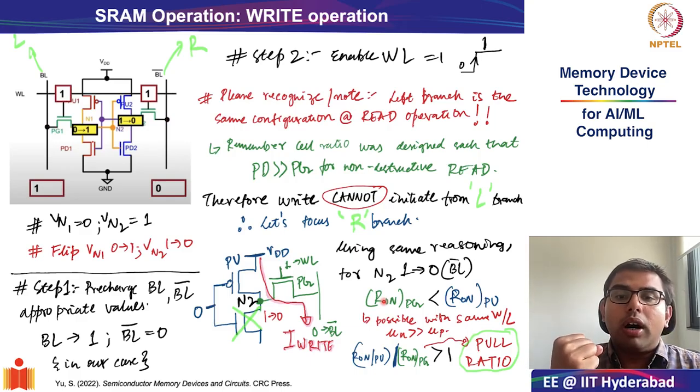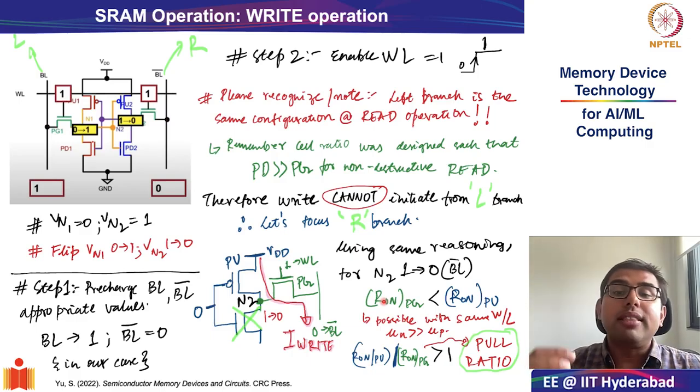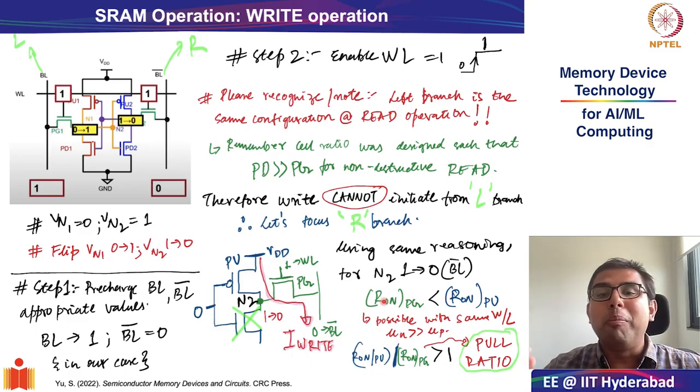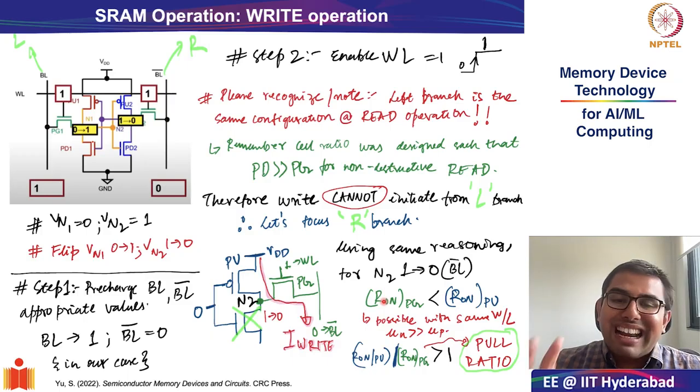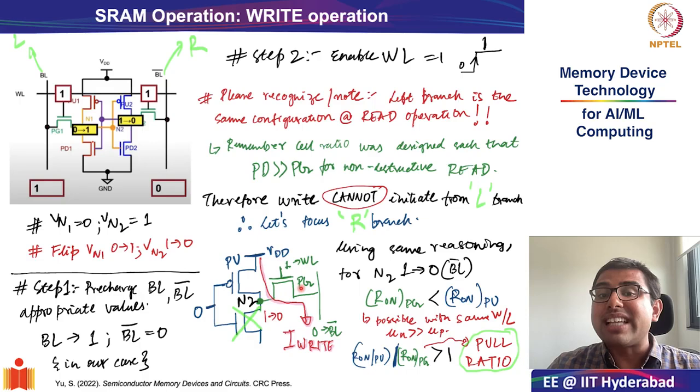the on resistance of the pass gate transistor must be much lesser than the on resistance of the pull-up transistor. Now, unlike the previous case, there is no need to do transistor sizing anymore, because remember, pass gate transistor is NMOS and pull-up transistor is PMOS.